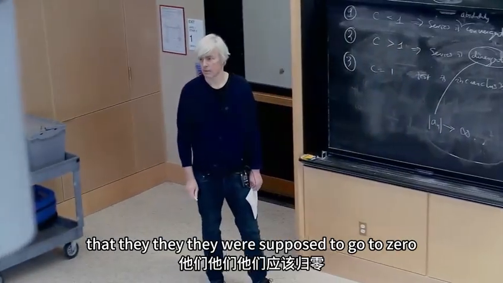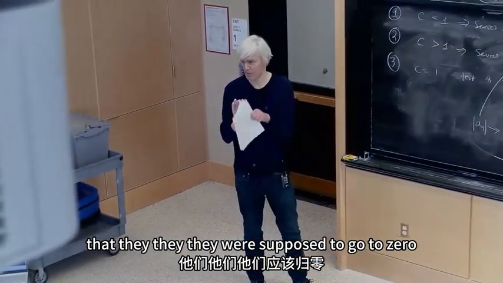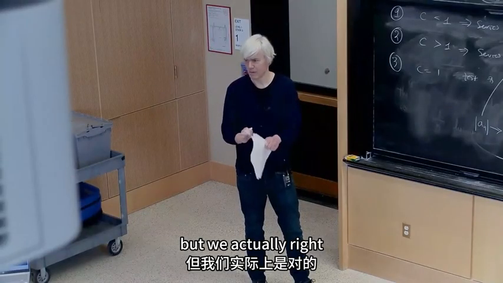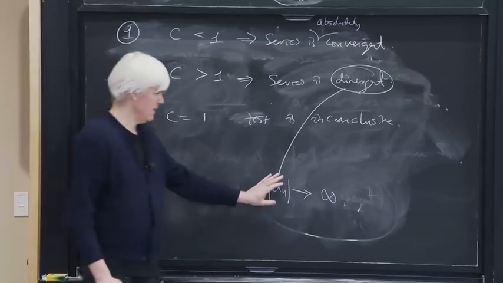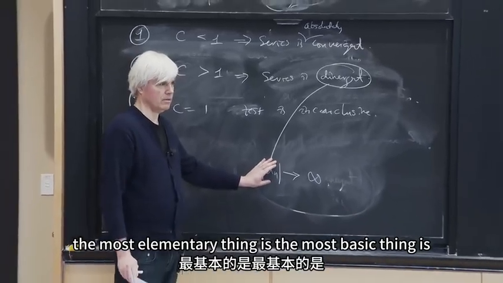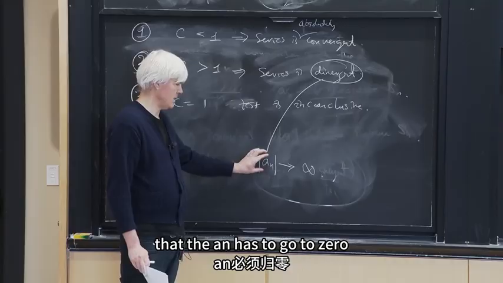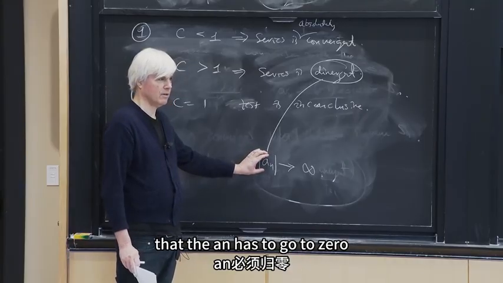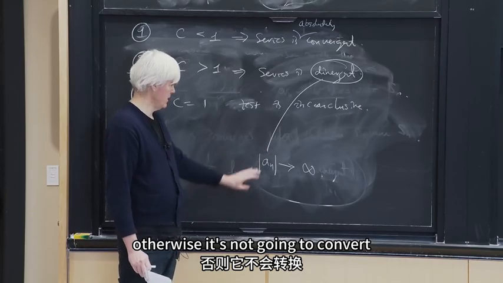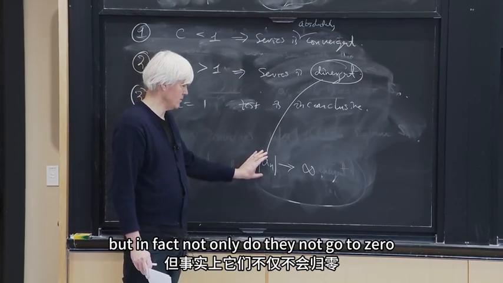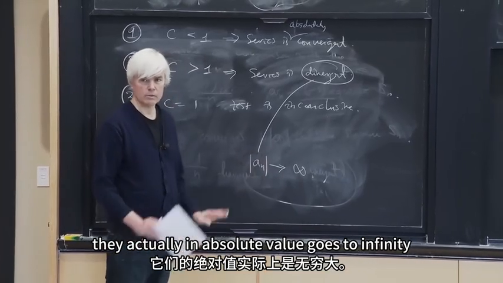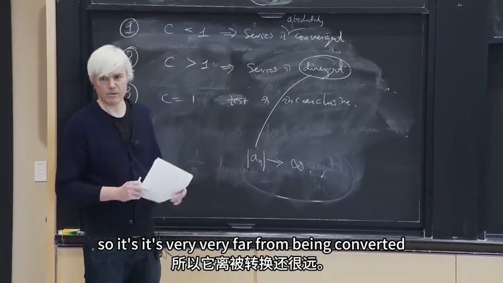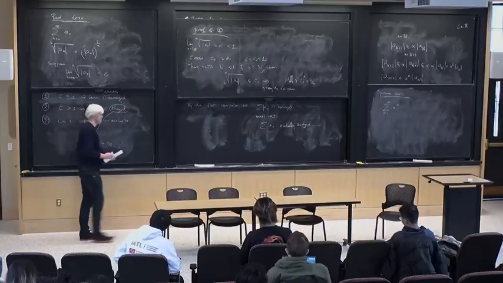It was supposed to go to 0. If the series was converging, the most basic thing is that an has to go to 0. Otherwise, it's not going to converge. But in fact, not only do they not go to 0, in absolute value they go to infinity. So it's very, very far from being convergent.